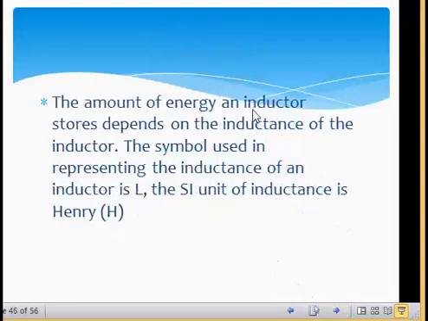Now, the amount of energy an inductor stores depends on its inductance. So every inductor is measured there. The amount of energy or the value of an inductor is measured based on its inductance. Now the symbol used in representing the inductance of an inductor is L. So L is what we actually use to represent inductance, and the SI unit of inductance is Henry.